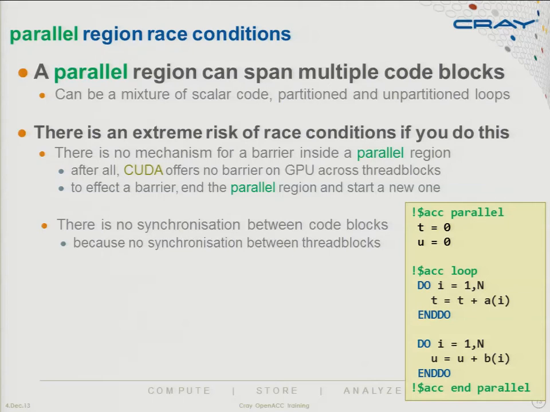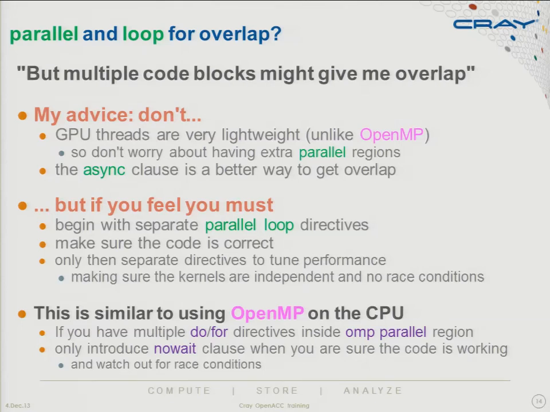There's plenty of race conditions in OpenACC. You have to be careful. You think this is a little optimization, but actually it's a big problem. So don't try and do this because you think, oh, these code blocks could overlap on the GPU, or I could save copying a bit of data. If you want to do this, the async clause is a better way to do it.